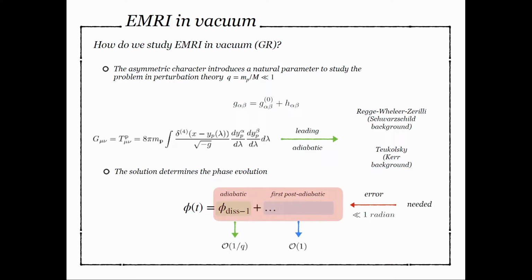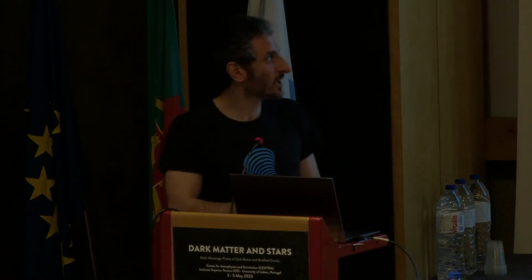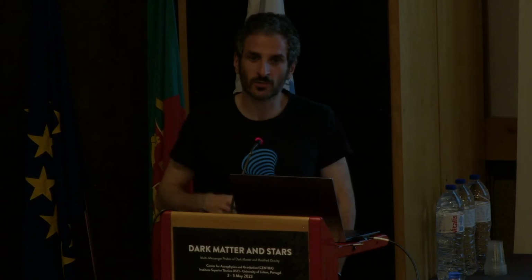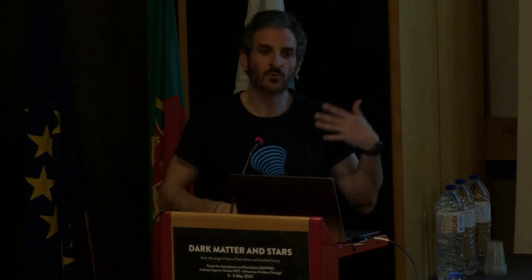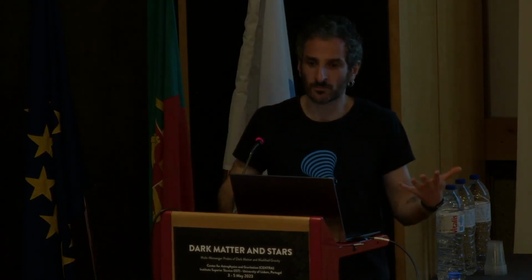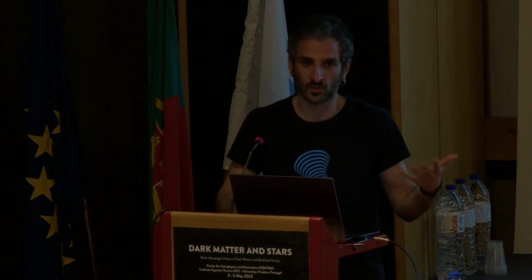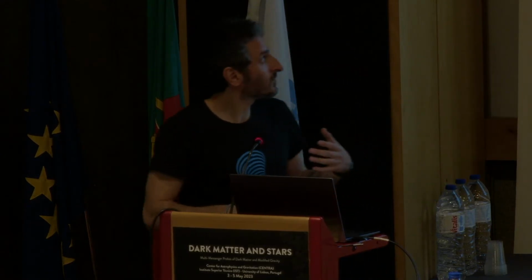The problem is that the accuracy requirement for extreme mass ratio inspirals will demand that we know at least this term here, in order to get sub-radian accuracy in the orbital evolution. This means basically that we need to compute second order correction and all the first post-adiabatic stuff, which is something that people are computing now for the Kerr solution in vacuum GR.